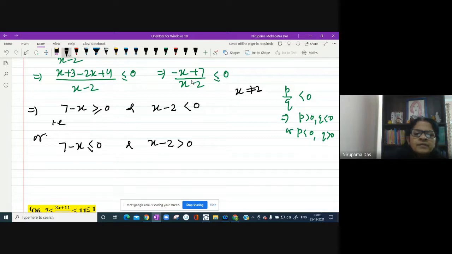So what does it mean? 7 is greater than or equal to x, and x less than 2. So x is less than or equal to 7, right? So we are getting here x ≤ 7 and x < 2. If x is less than 2, x will automatically be less than 7.